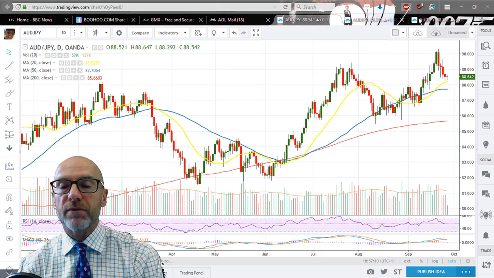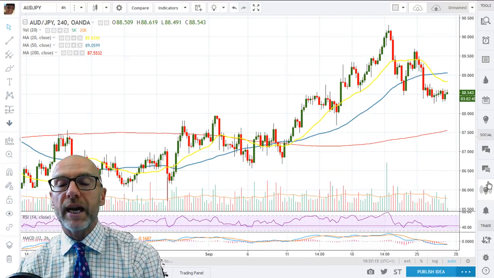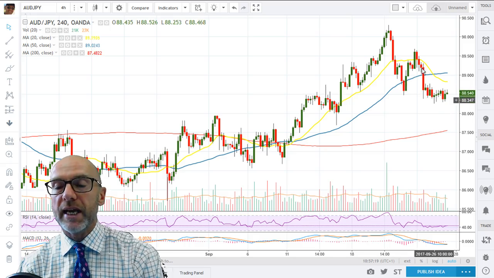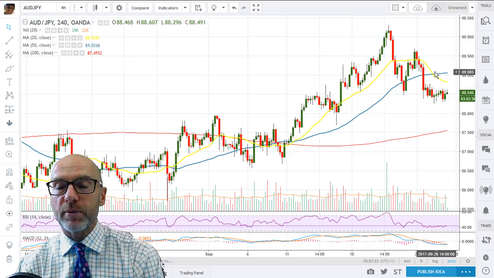On the 4 hour, you can see that we've broken down below the support of the 20 and the 50 averages. They're now moving down. The 20 is below the 50, but that was not a bearish cross as the 50 was still moving up.